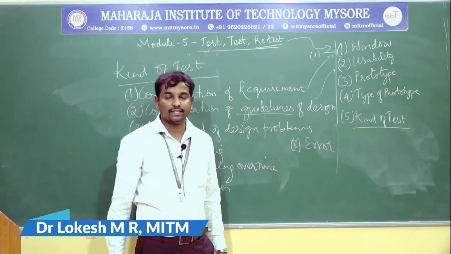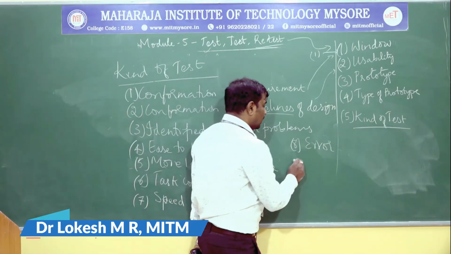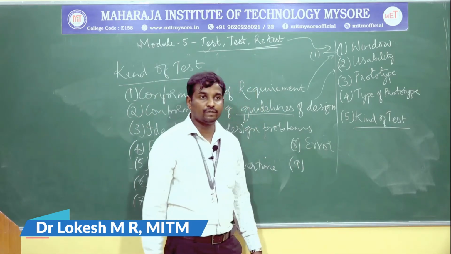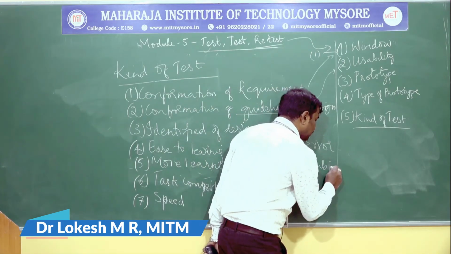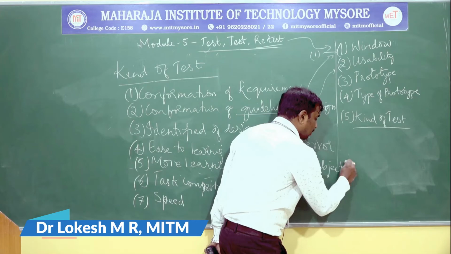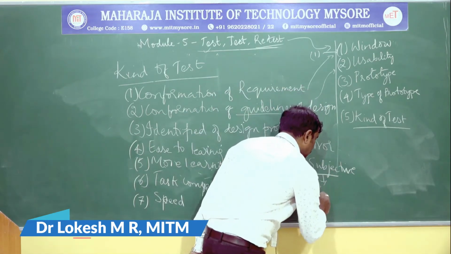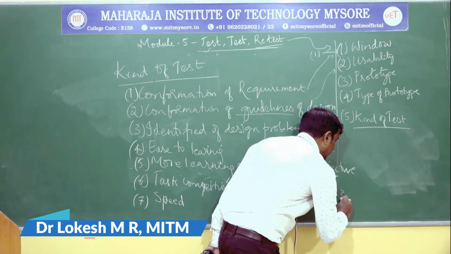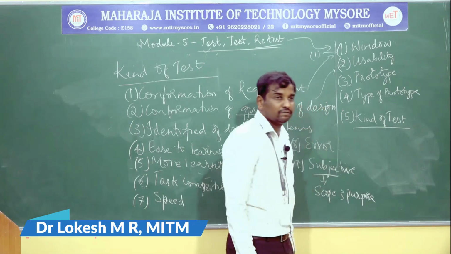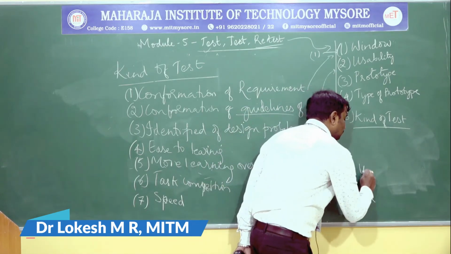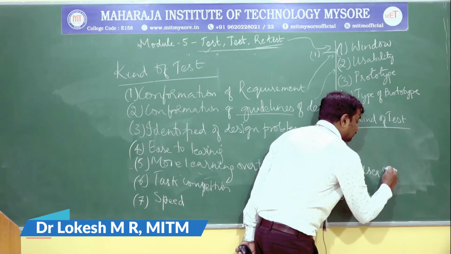If any error occurs, it needs to be identified and solved. Next, we need to do this in a subjective fashion, meaning whatever operations we do must be done along with the scope as well as the purpose, as we have learned.